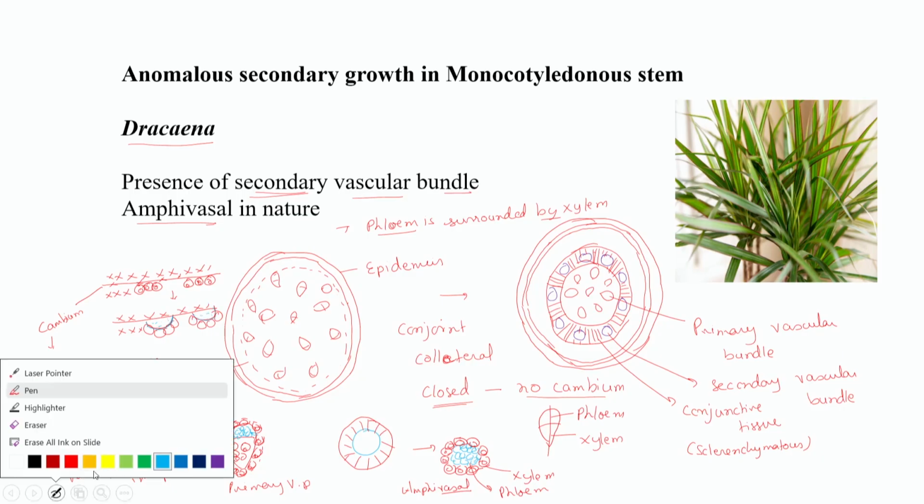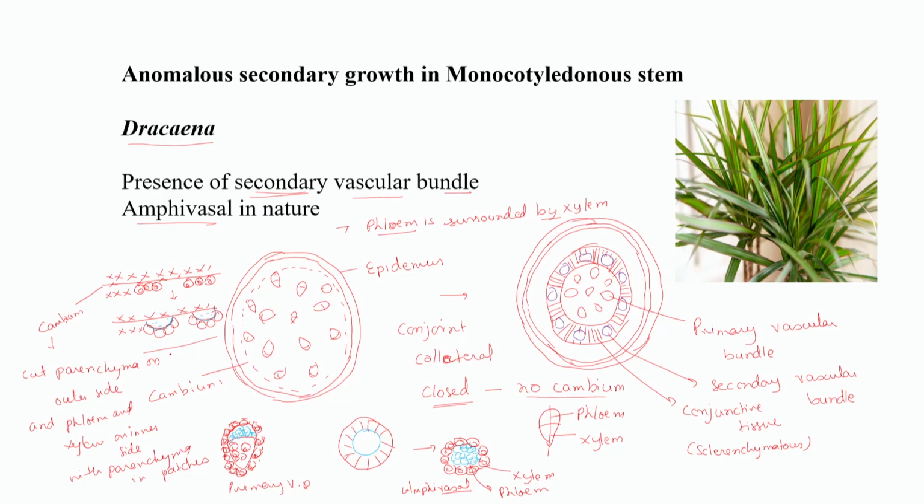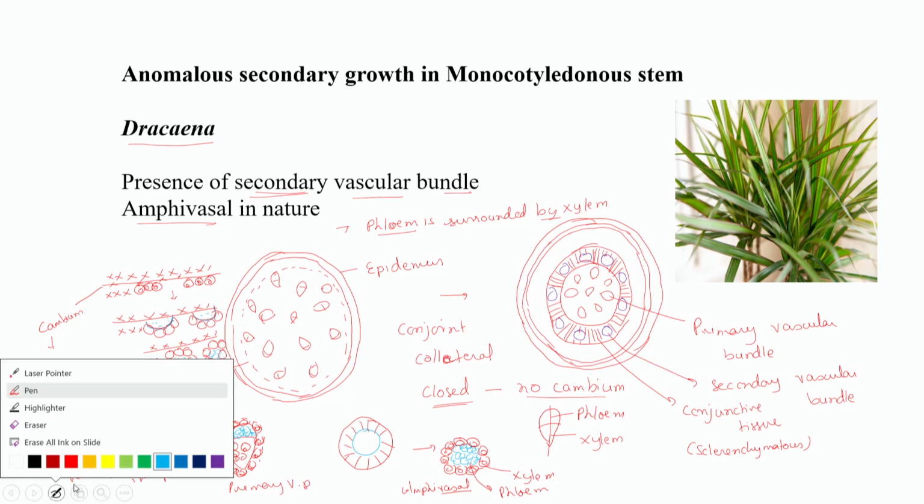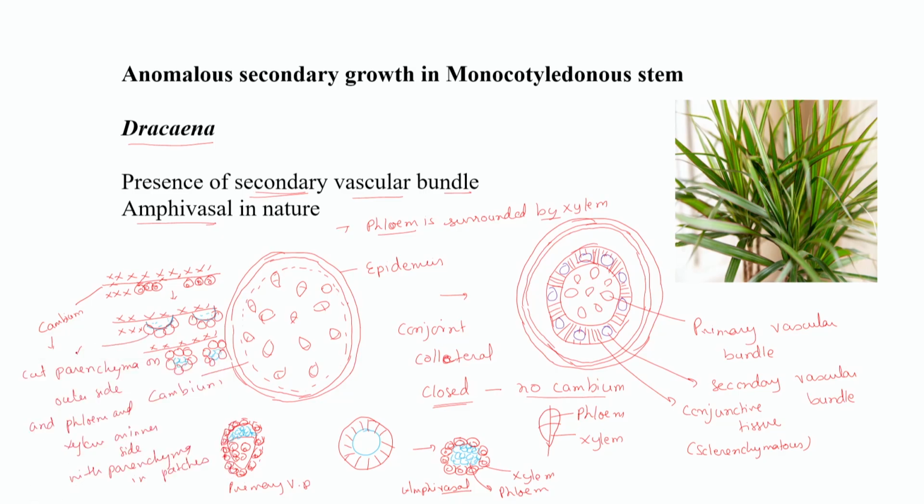Then again its activity will be reversed and it will cut xylem again on that same place. So that means now phloem will be surrounded by xylem. This will be xylem and this will be phloem. In this way, these amphivessel vascular bundles will be created.